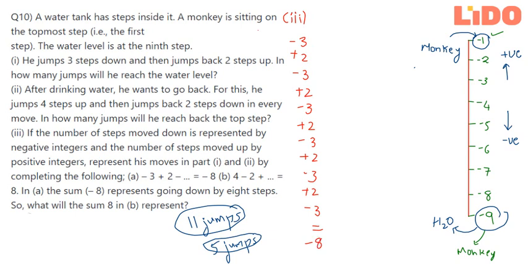Okay. Now they have asked us to represent the jump that it took in the second subsection as +4, -2, +4 and so on and so forth equal to 8.